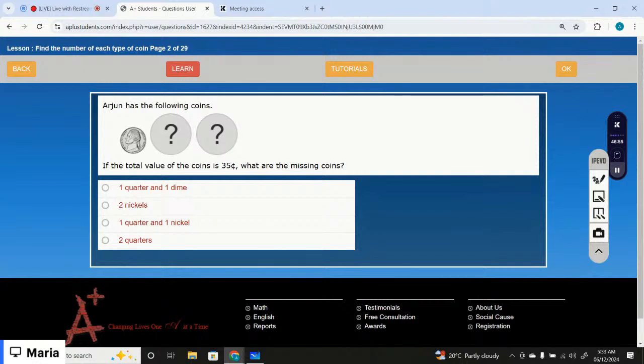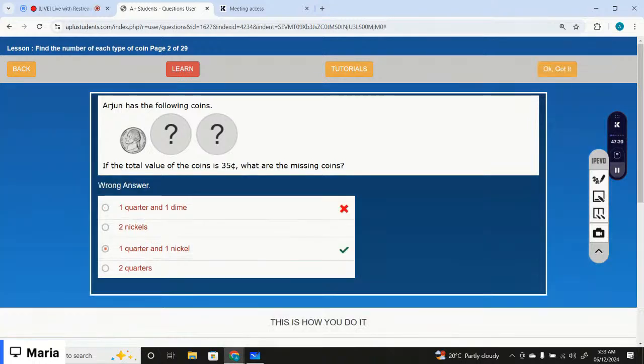Arjun has the following coins. If the total value of the coins is 35 cents, what are the missing coins? That is one quarter and one dime. Quarter is 25 and one dime is 10 cents. So 25 plus 5 plus 5 makes 35. Option one quarter and one nickel.